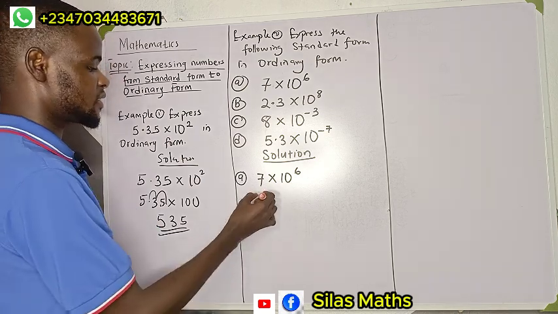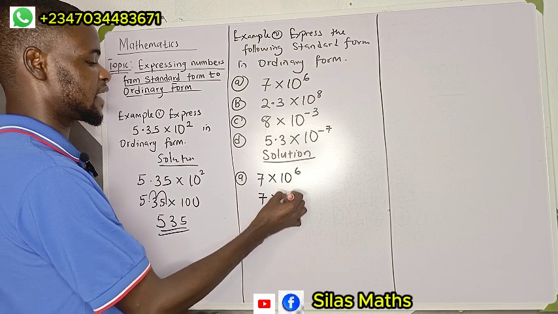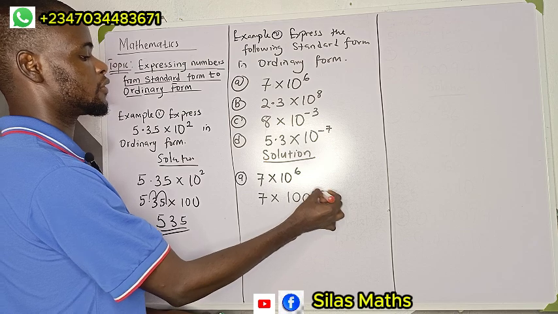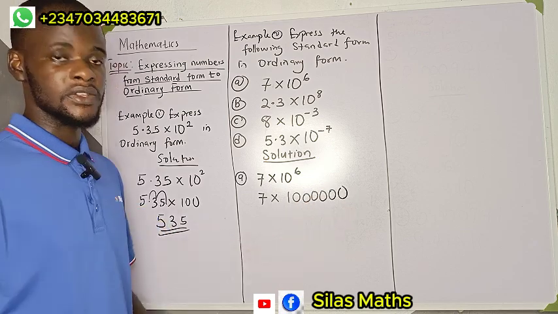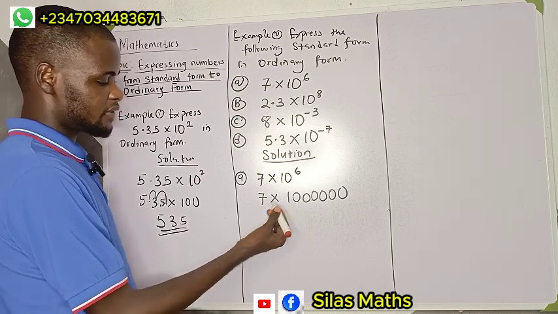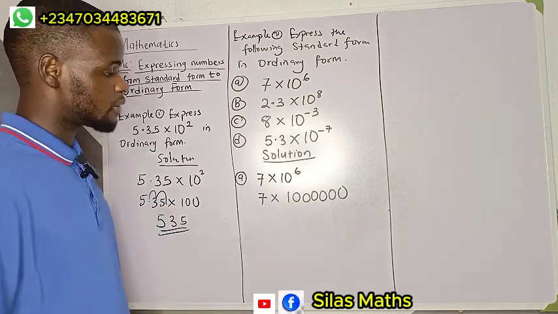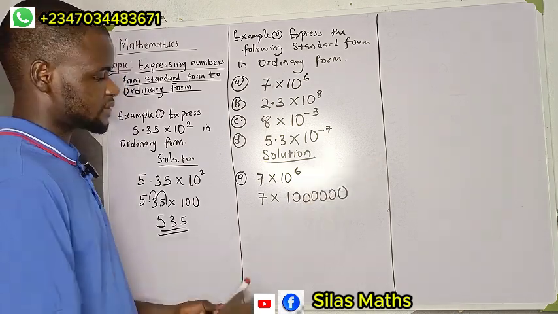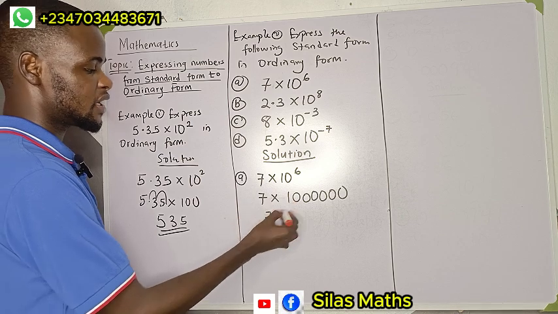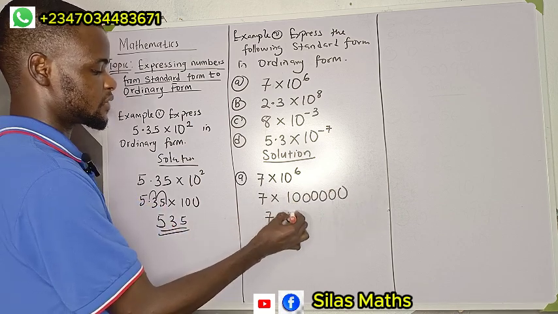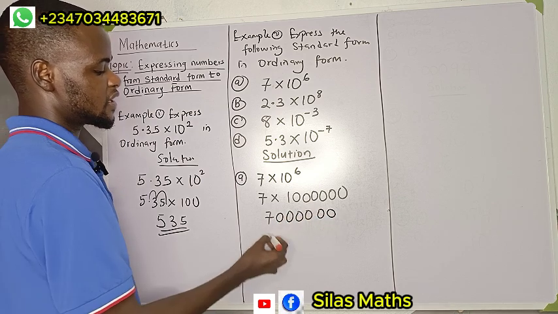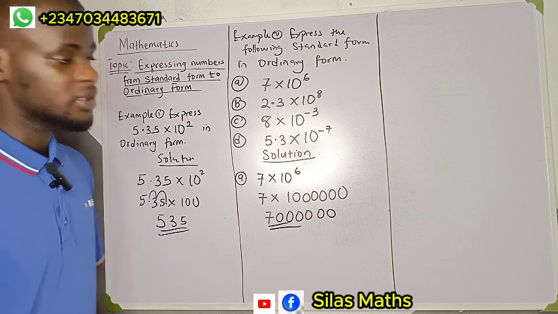So this is going to give us 7 times 1 with 6 zeros, 1, 2, 3, 4, 5, 6, because of the power of 6. Now whenever a whole number is multiplying this, it's very simple to multiply. So 7 will multiply the first digit, which gives us 7, then you put the remaining zeros, which are the 6 zeros, 1, 2, 3, 4, 5, 6. So this is the answer in ordinary form.